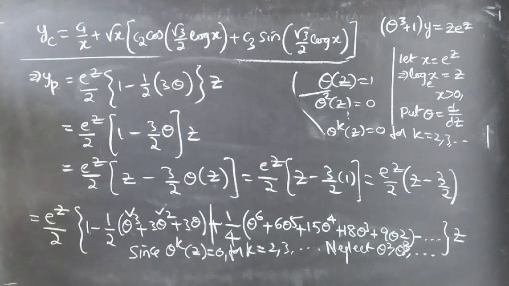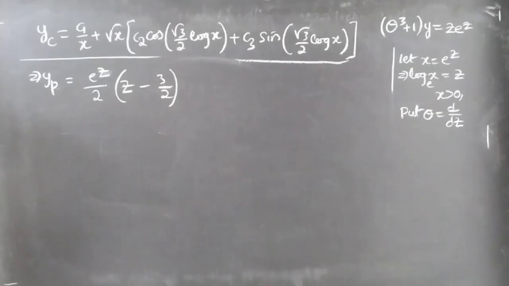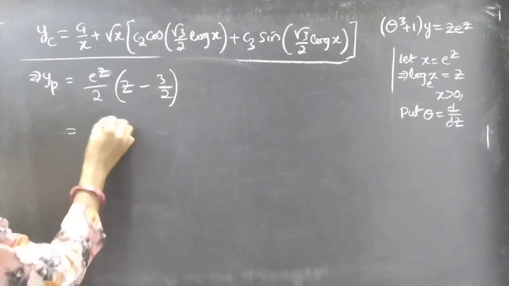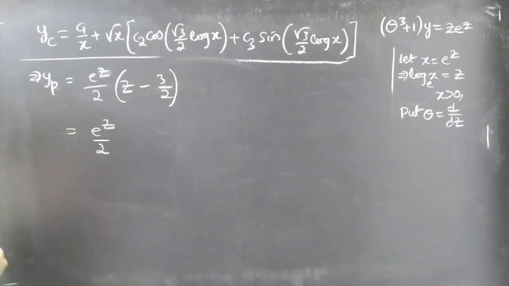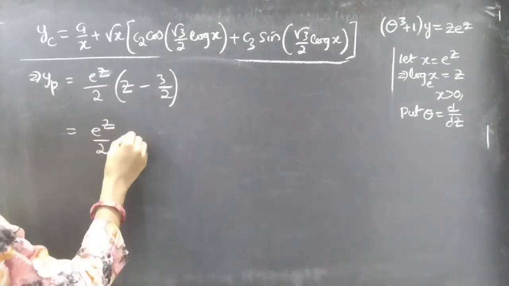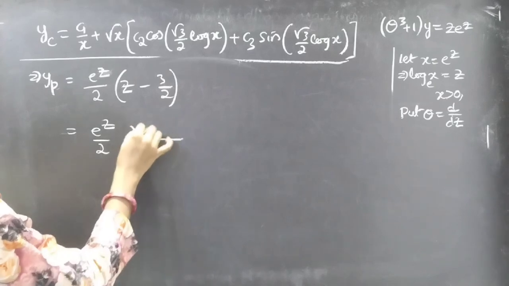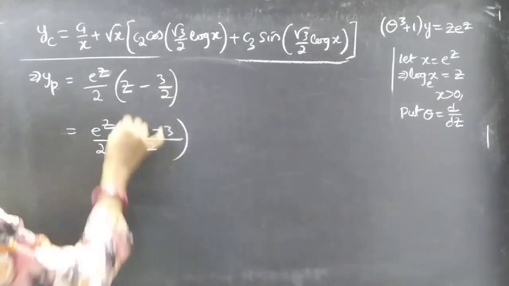Now we have yp in terms of z, but we need to write it in terms of x. Firstly we can take the LCM of 1 and 2. You'll get 2z minus 3 by 2, right?